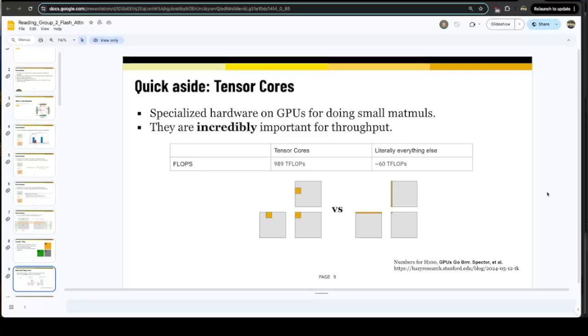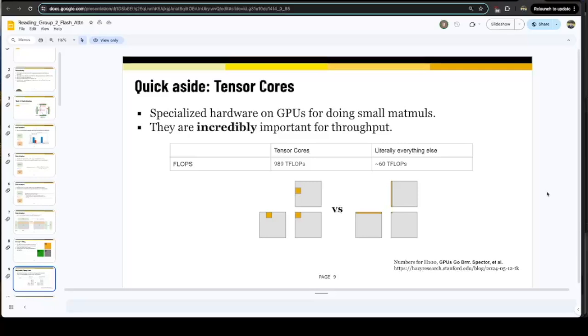Literally everything else is like 5% of what your tensor cores can provide. So if you're doing these dense matmuls and you're not using tensor cores, you've lost from a performance standpoint, right? There's 0% chance that you will achieve any real performance. So we really need to have this tiling in all our matmuls because that is how you feed tensor cores.